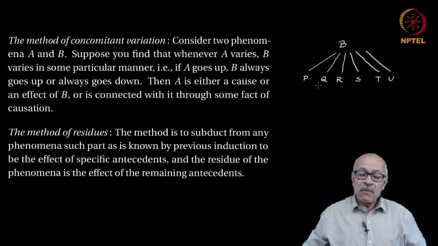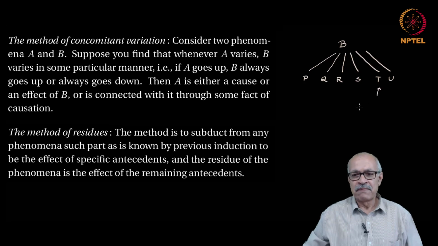And from earlier knowledge, you know that B cannot be caused by P, B cannot be caused by Q, B cannot be caused by R, and so on and so forth, but you do not know what the effect of T is. You know that everything else cannot have caused B. Then you might conclude that the remaining residual factor that is present in the prevailing situation, T, is the cause of B. So, it is residue.